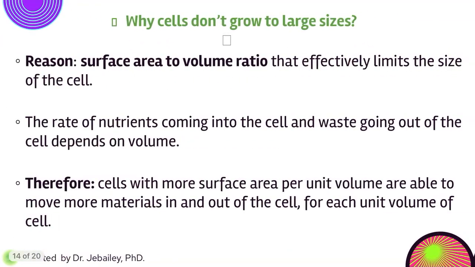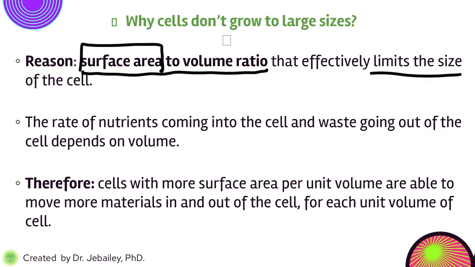So when we wrap this up, we have to make sure that the surface area to volume ratio influences the size of the cell. It is very important. The most important thing is that the surface area always has to be way bigger than the volume, not the other way around.